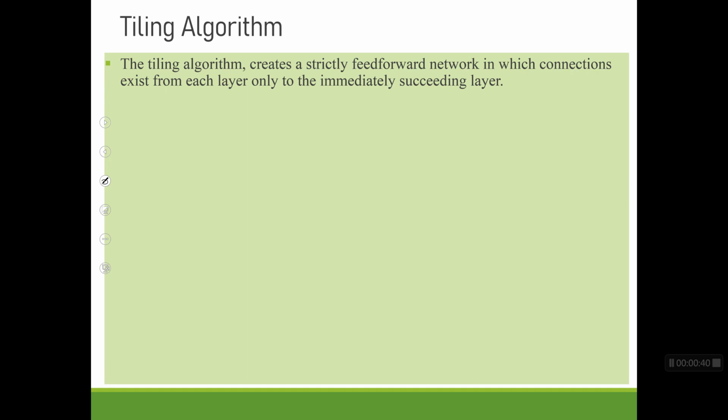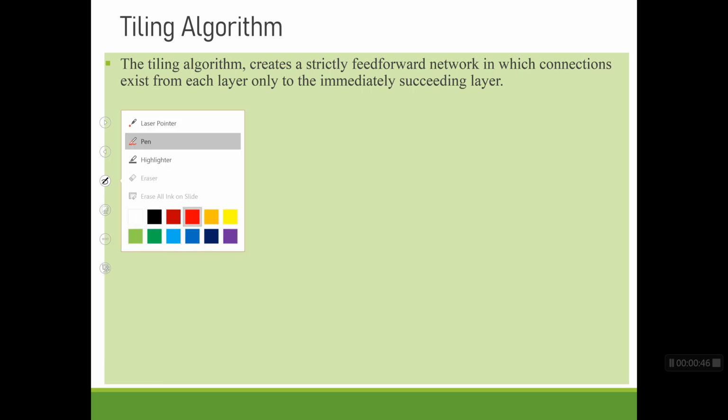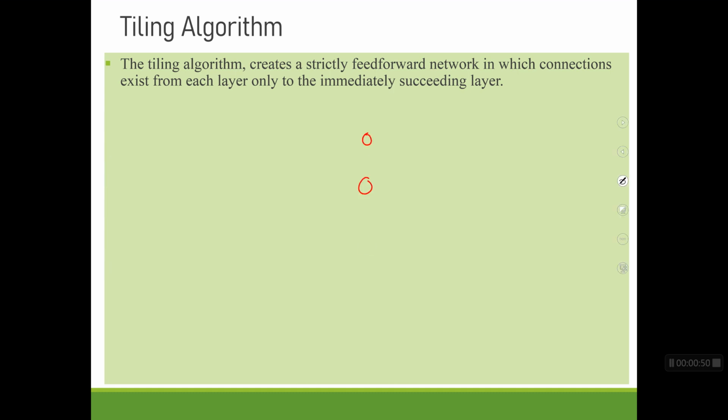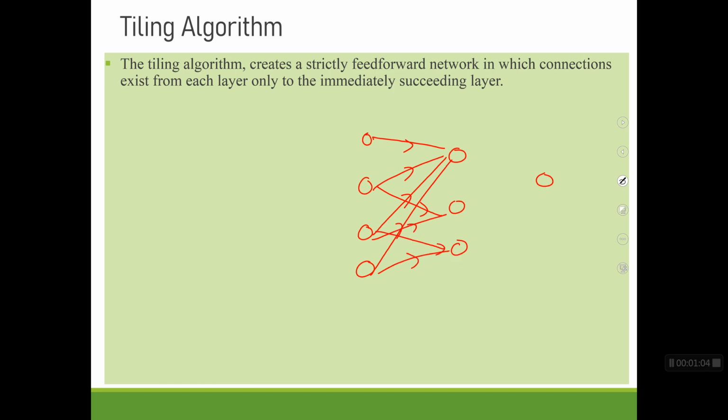Now, the tiling algorithm creates a strictly feed forward network. So we know what is a feed forward network, that is we start from the lower layer. This is the one layer and then we have another layer. So this is a feed forward network. Basically somewhat like this would be a feed forward network.